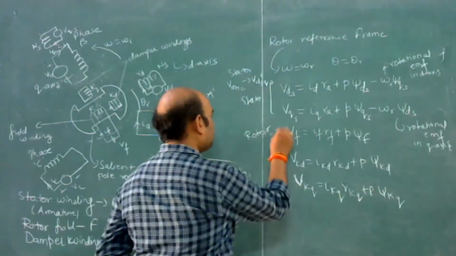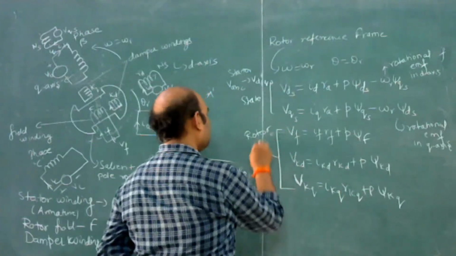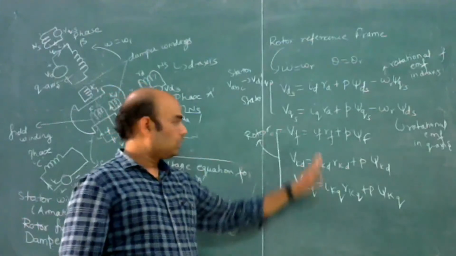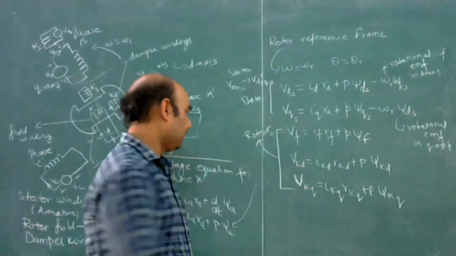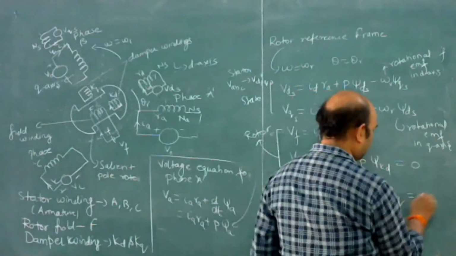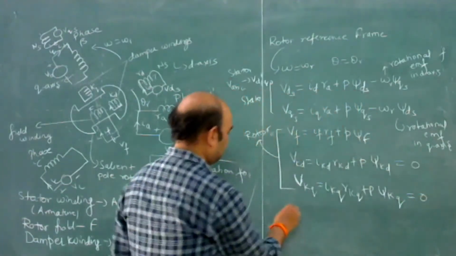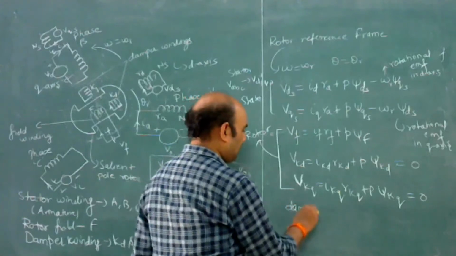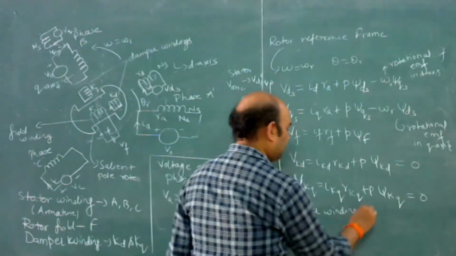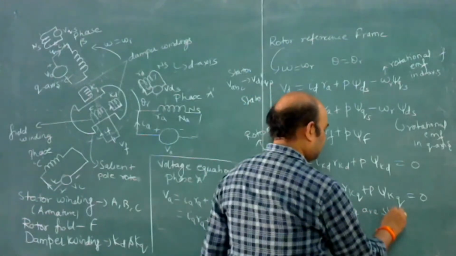Okay. So these three equations are for the rotor circuit. These are for damper windings, and this is equal to 0 as damper windings are short circuit.